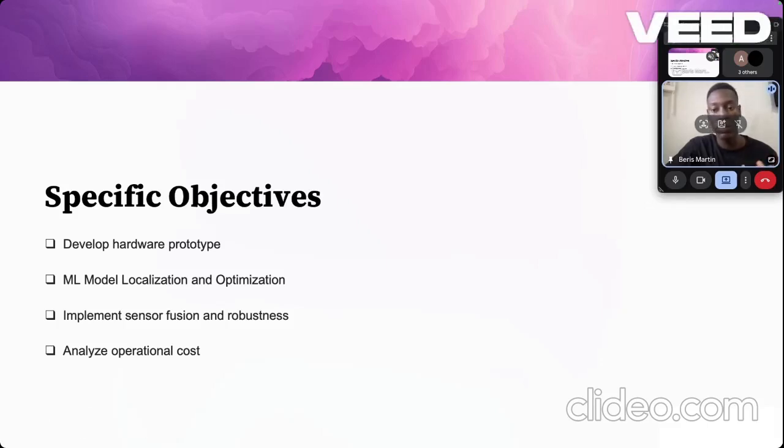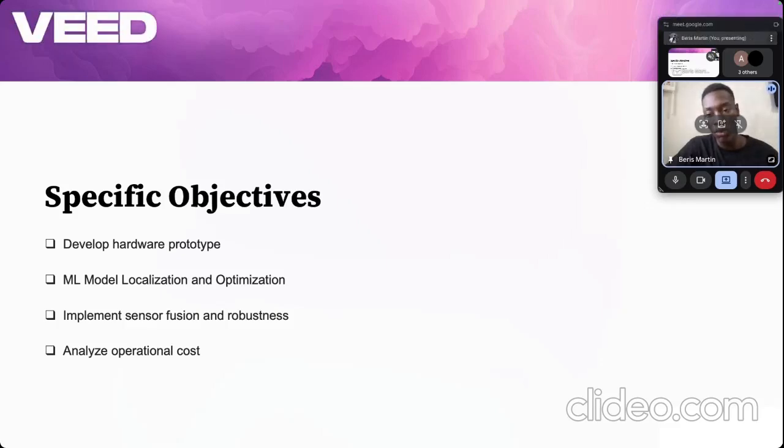The third one is to implement sensor fusion for robustness. In this case, it is adding sensors to detect moisture in degradable trash to help the model be more specific and precise with its decisions. Then definitely the main goal is also that the rubbish bin should be built with minimal costs.